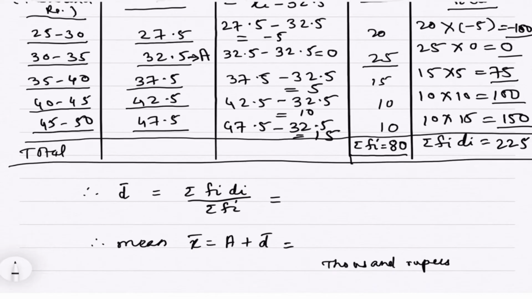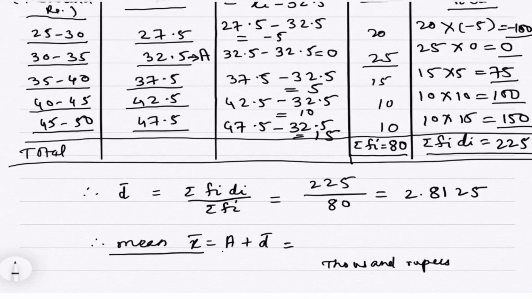So next, we first calculate the mean d bar, which is sum fi di upon sum fi. Now let us substitute the values. 225 upon 80. This division comes out to 2.8125. So I have to get back to the mean x bar.